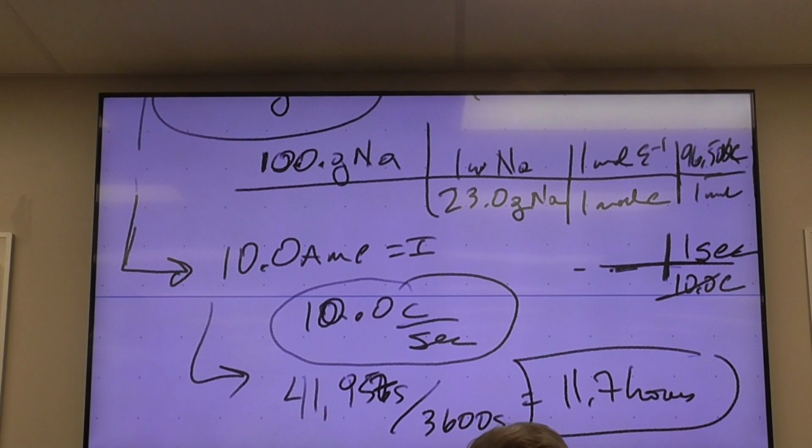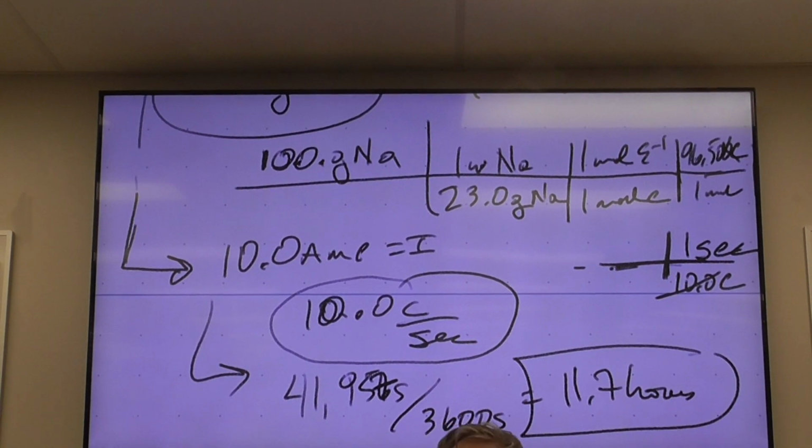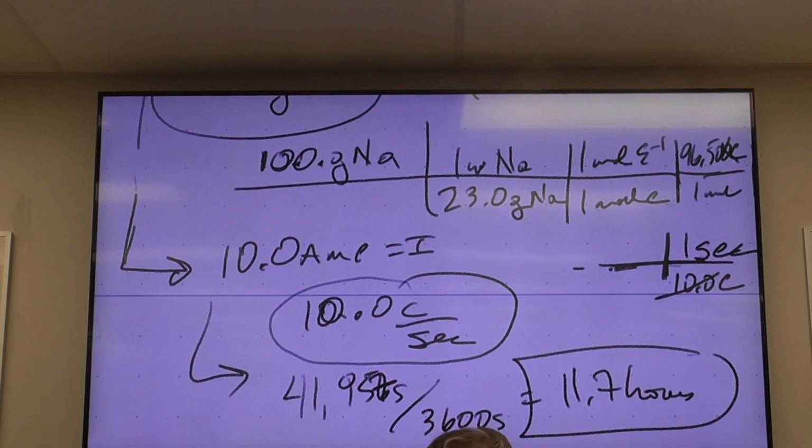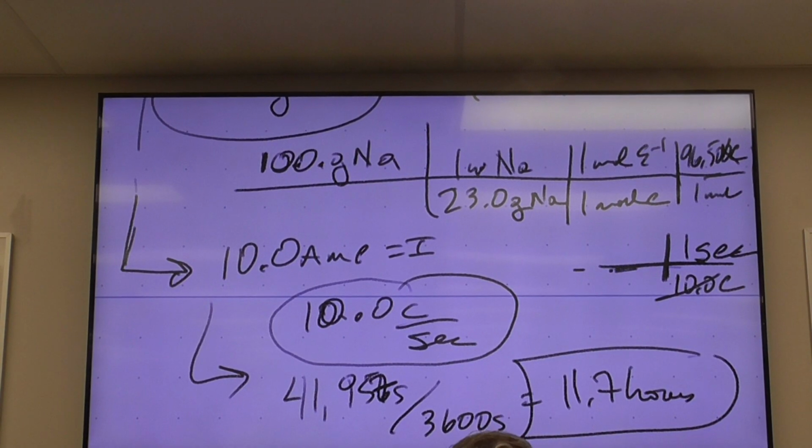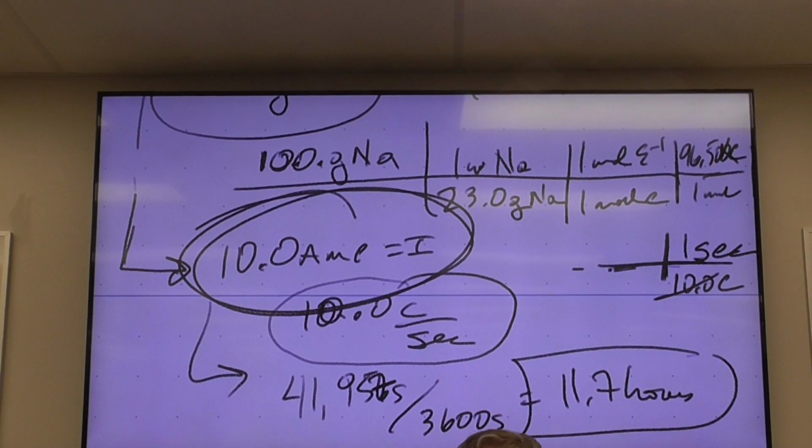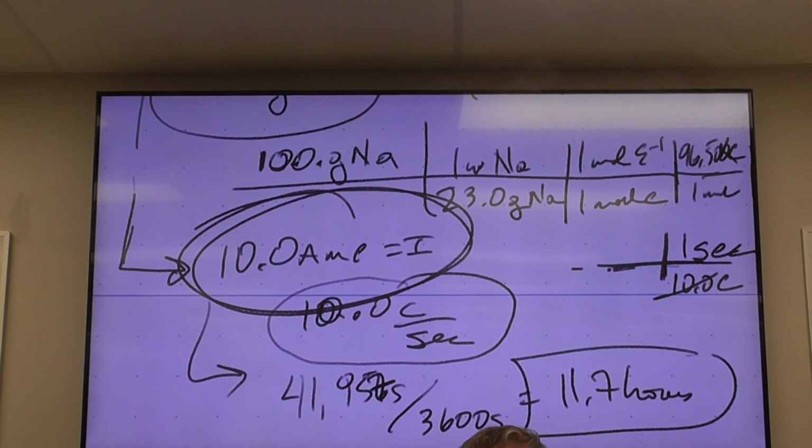Now, think about this. You say, I don't have that much time. What's the only variable you can manipulate? Amps. What can you physically manipulate in this experiment? The current.